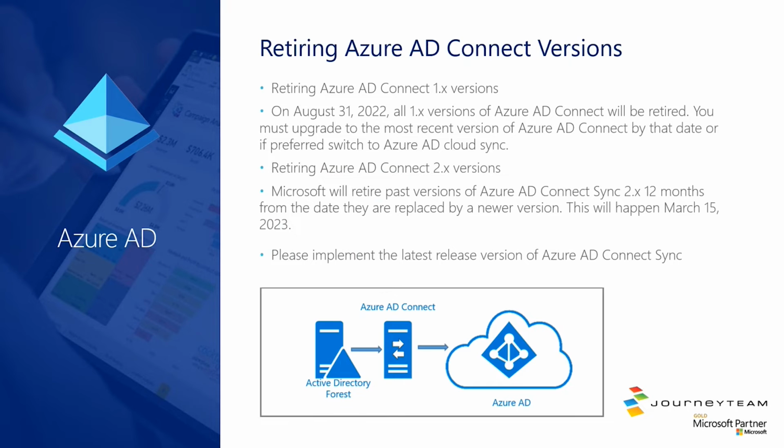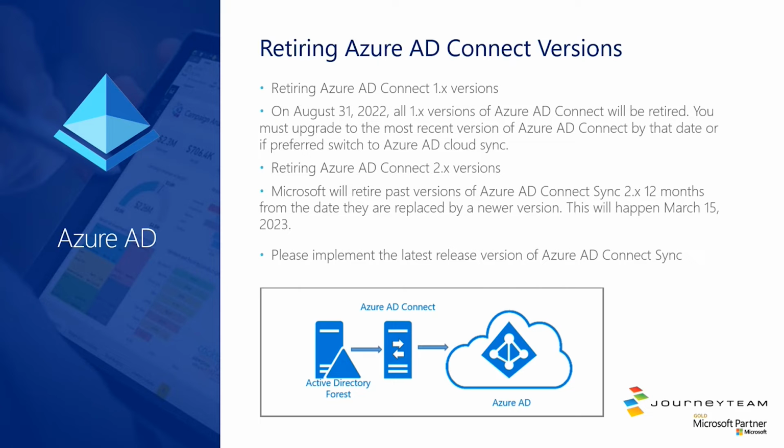And if you haven't been paying attention, please listen now. If you are running Azure AD Connect and you're synchronizing your on-prem Active Directory up to the cloud, and you are running on a 2012 server, you need to get upgraded. So Microsoft is retiring the old 1.x versions of Azure AD Connect, which will run on 2012.